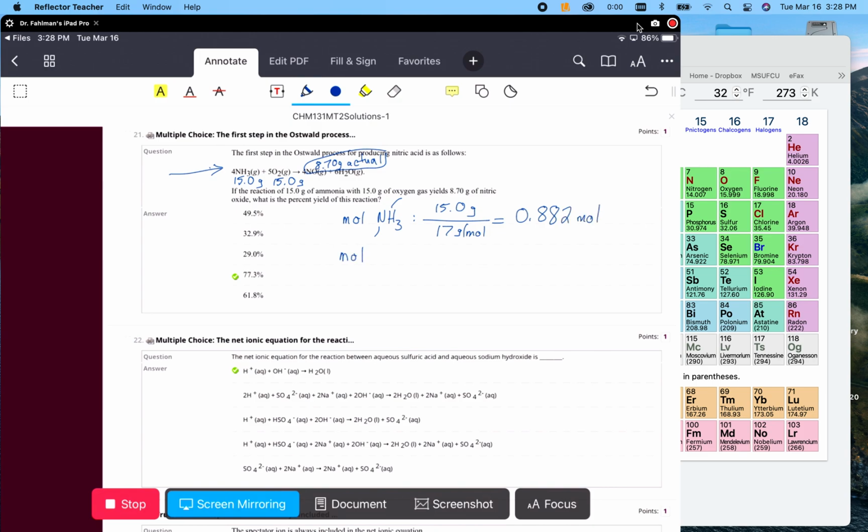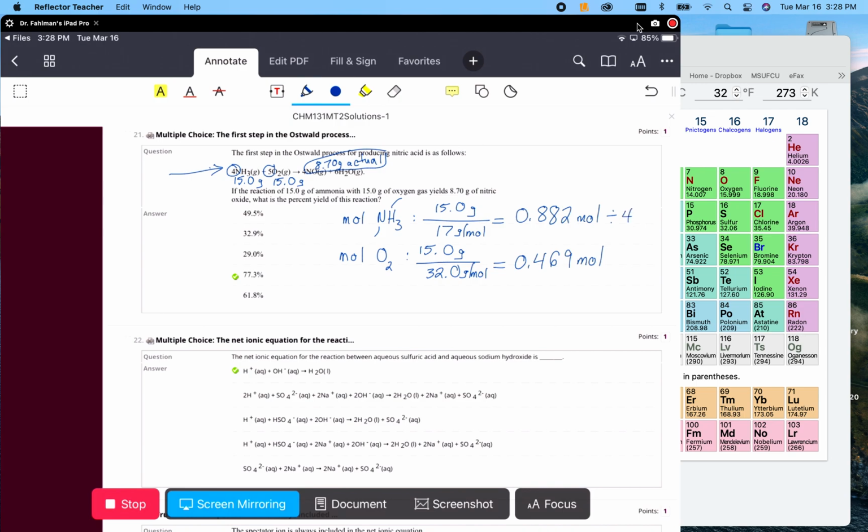And then moles of oxygen: again 15 grams divided by 32, because you have 2 oxygen atoms. So 15 divided by 32 gives you 0.469 moles.